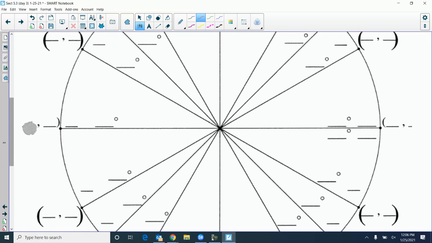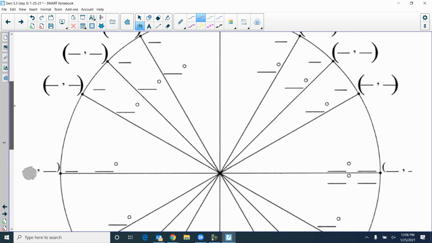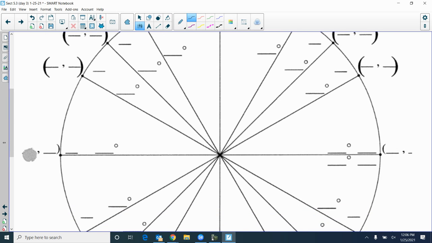All right, let's go ahead and flip it over to the unit circle. Let's fill in the degrees and radians. In this case, 0 degrees is 0 radians. 30 degrees is pi over 6 radians. I'm going to use those little marks as my fraction bars.